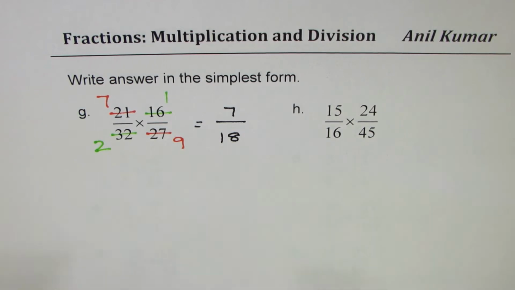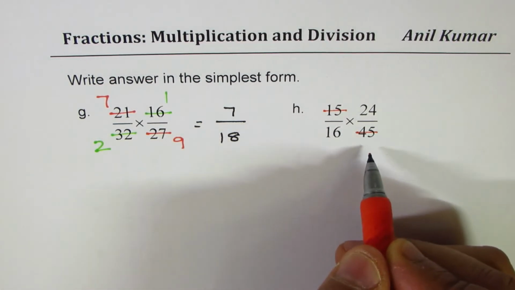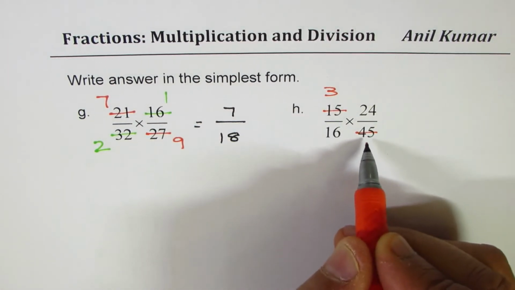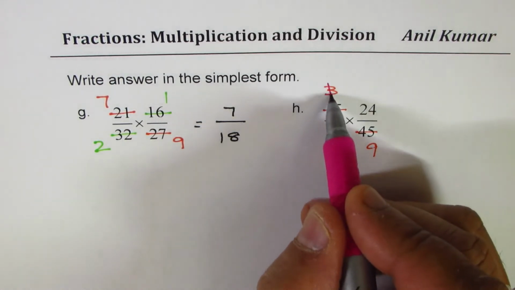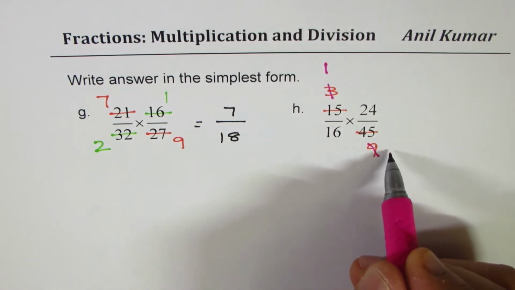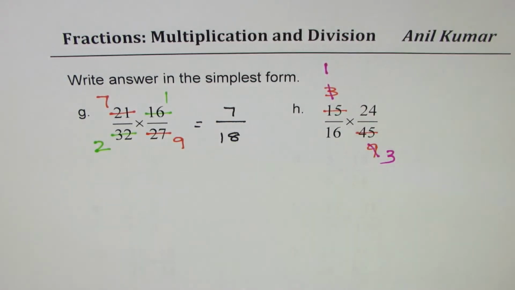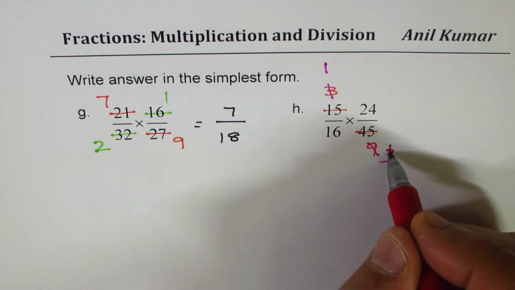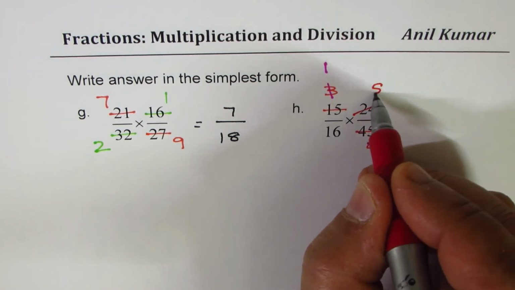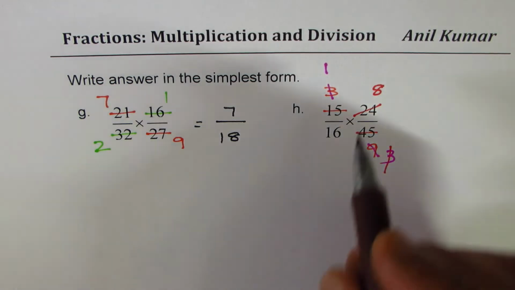Perfect. Let's do the last one here. Now here, 15 and 45, we can divide these two by 5. So 5 times 3 and 5 times 9. You can further divide this by 3. So we get 1 and 3. Now these numbers could also be simplified. We can actually also divide 24 by 3. So let's do that part. 24 goes 8 times with 3. 8 and 16 are also related.